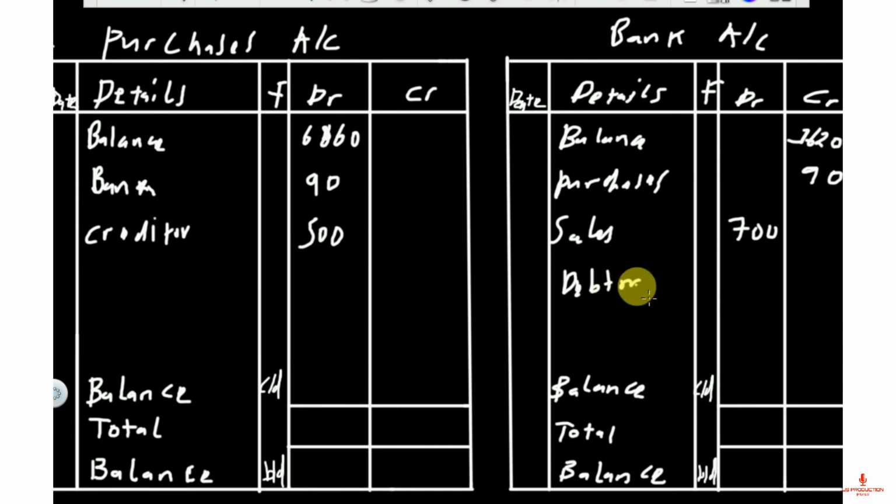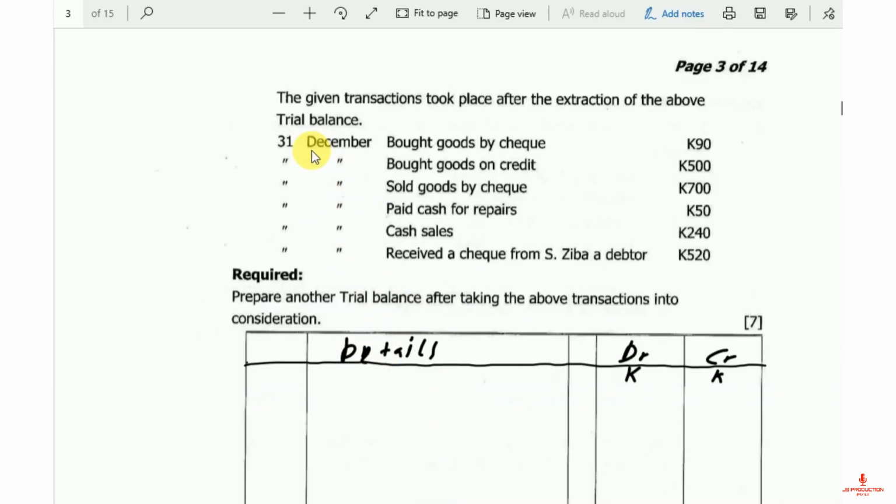Since the debtor paid the business, the sole trader, that means that we're going to record that to the debit side. And as you can see, we are done with the transactions that we are given on 31st December. That means we can write down our trial balance.